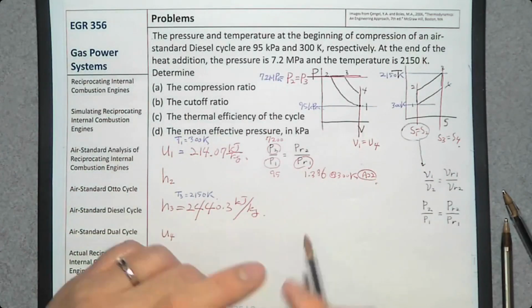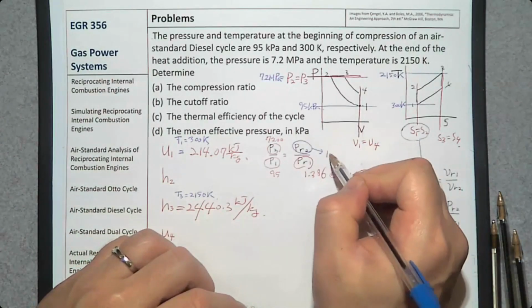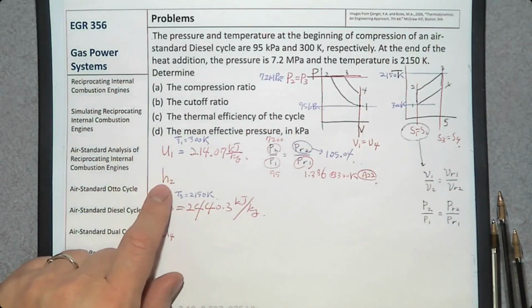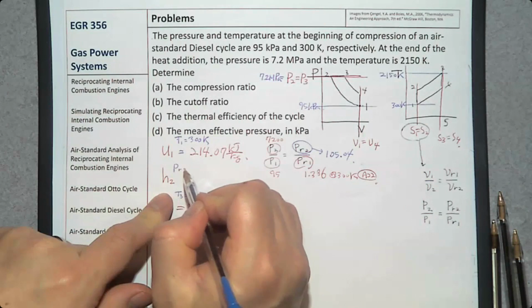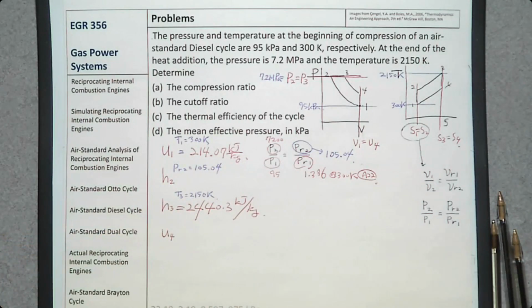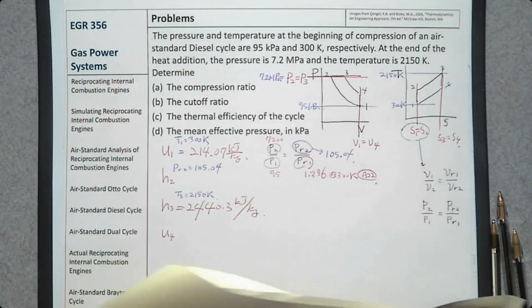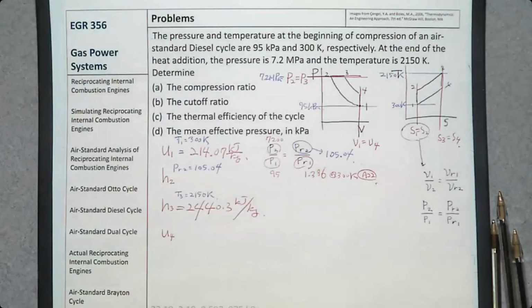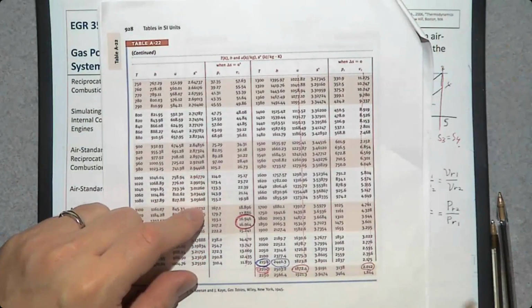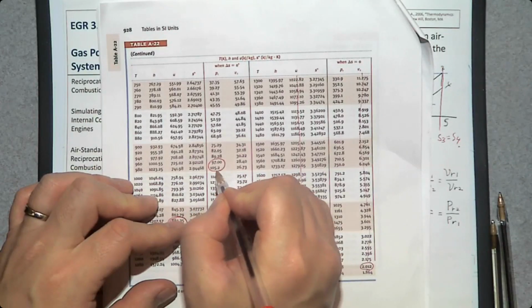Then we have everything. Can you determine Pr2? Yes. Pr2 is going to be 105.04. So let's find h2 from Pr2. 105.04, so where is 105? 105 is between these two numbers.